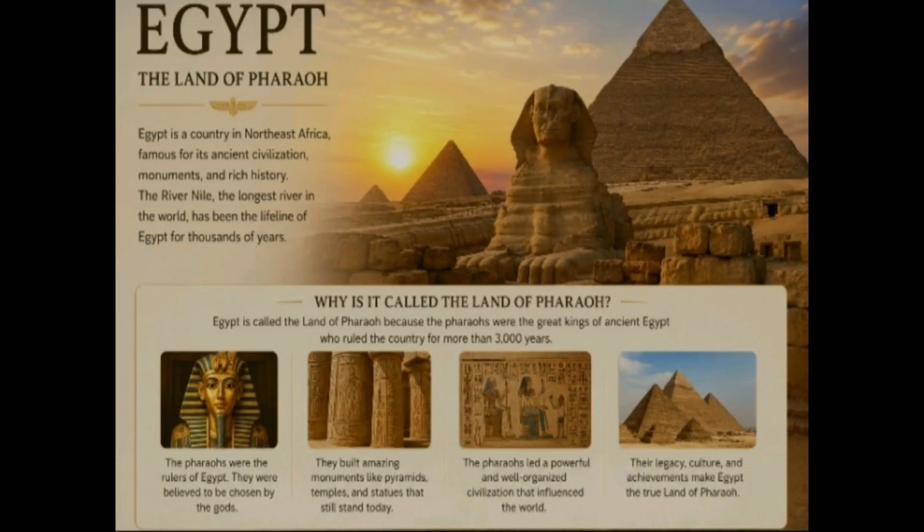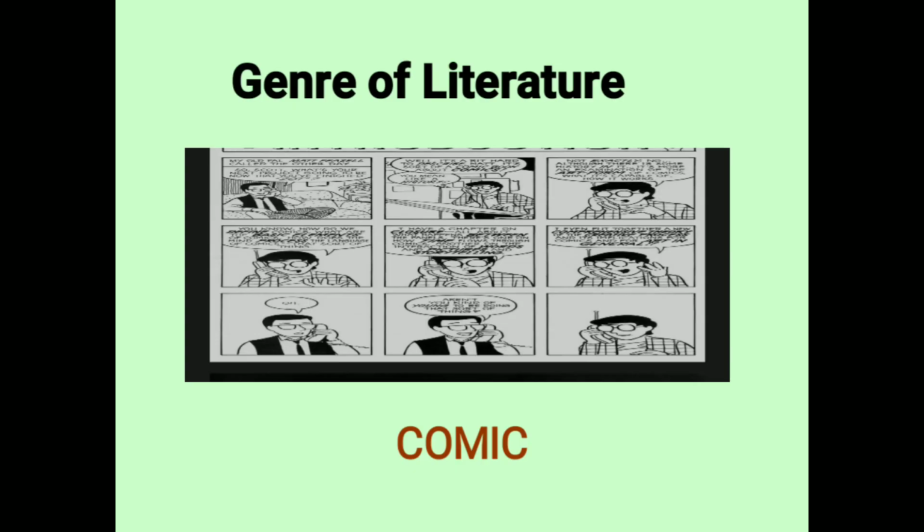Now, before exploring the journey of Isan in Egypt, let us understand the special storytelling form in which this lesson is presented, the comic. Now let us understand the literary form used in the lesson. Land of the Pharaoh is presented as a comic.